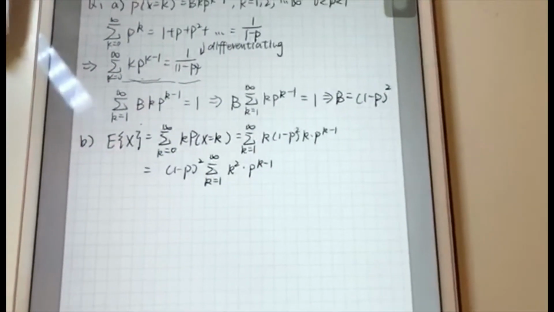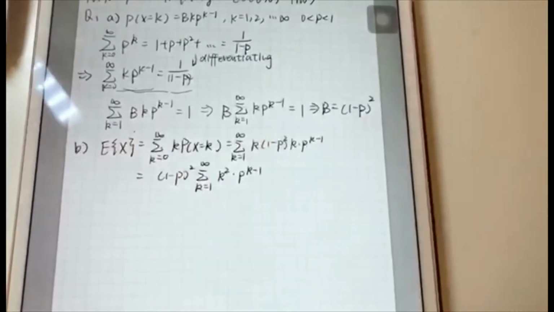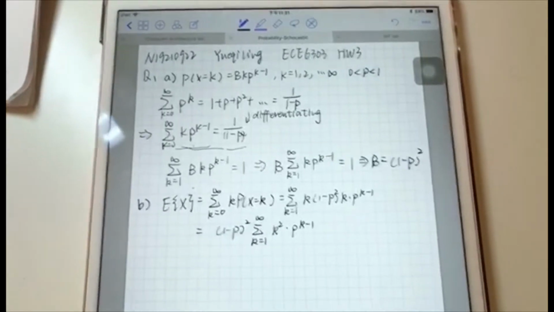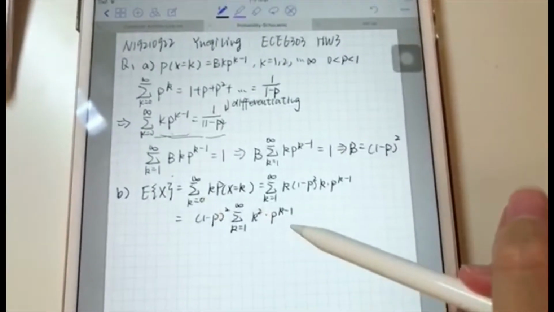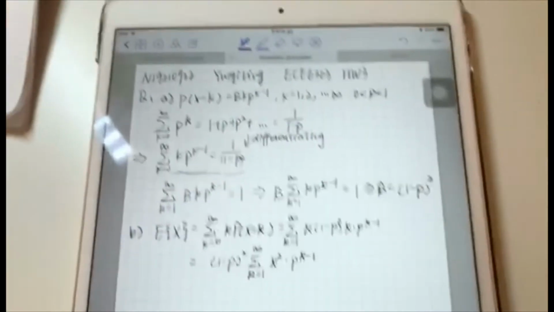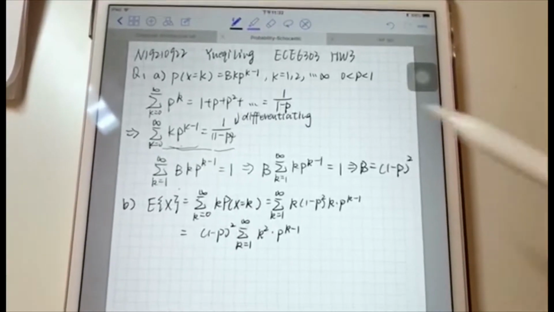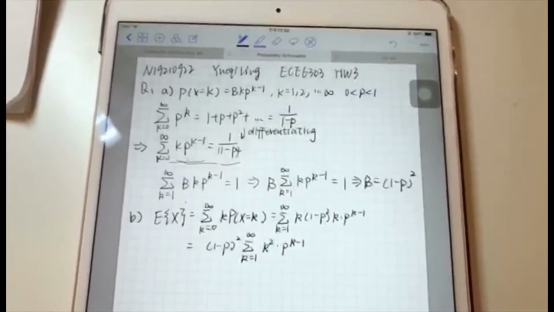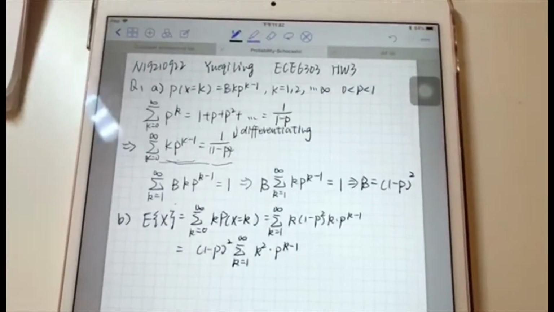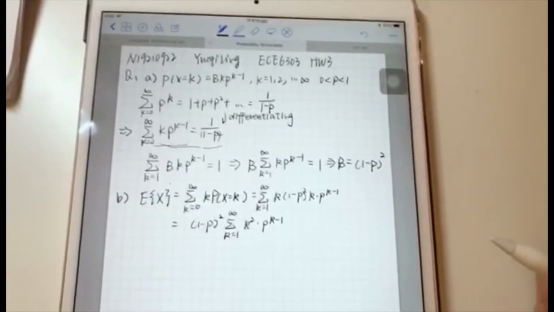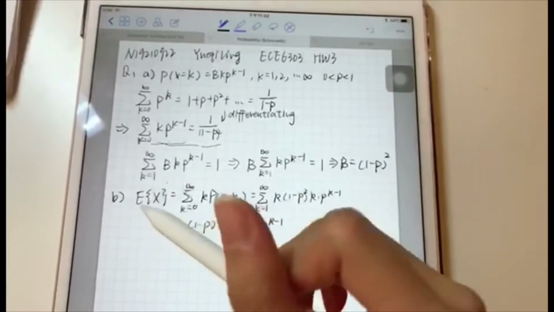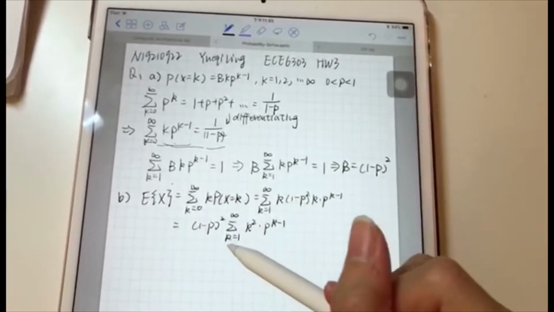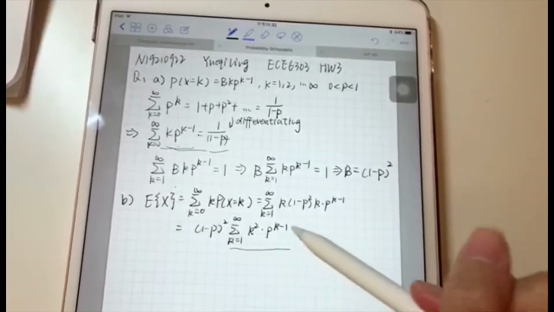Now we get the expression of E(X) from this equation. From this expression, in order to get the value of E(X), we should get the value of this component.